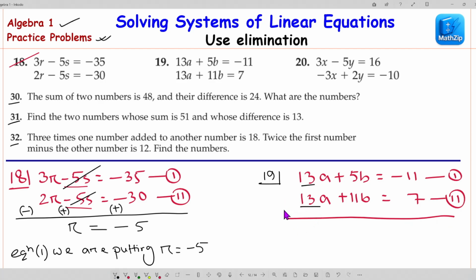So we can subtract, minus, minus, and this is also minus. So 13a and minus 13a cancel out, and here minus 5b minus 11b is minus 6b, and here minus 11 minus 7 is minus 18. Now we can divide both sides by minus 6, so b equals 3.